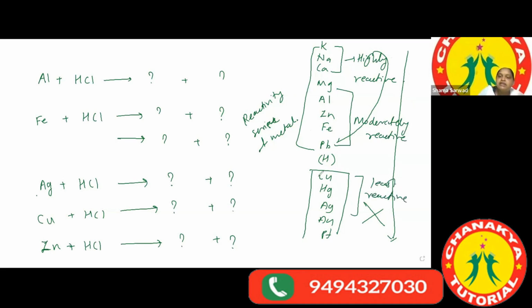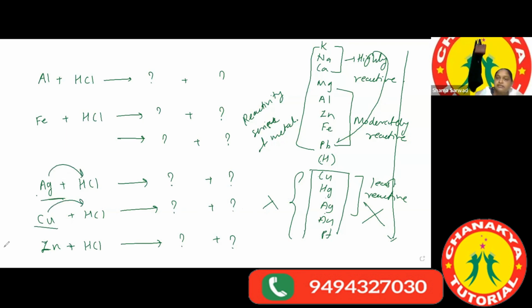As these metals, like copper, mercury, silver, gold and platinum, are kept below hydrogen, they cannot displace hydrogen from their compounds, like from HCl, from H2SO4, etc. And hence these do not show a reaction with HCl.